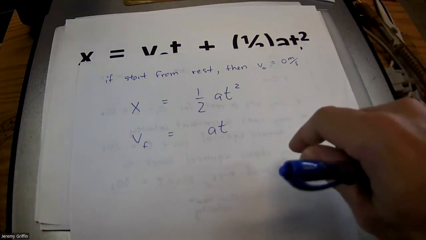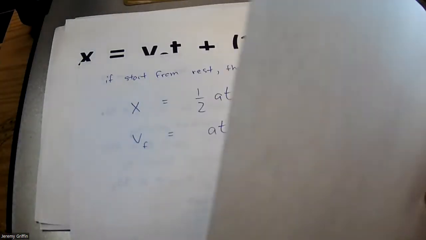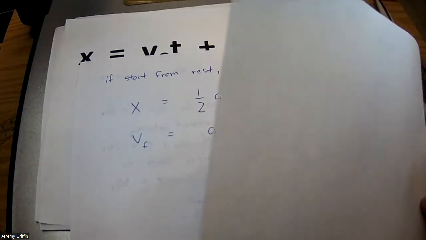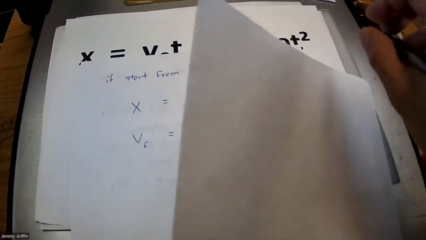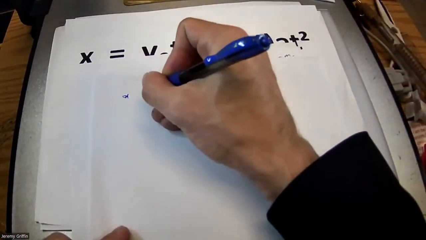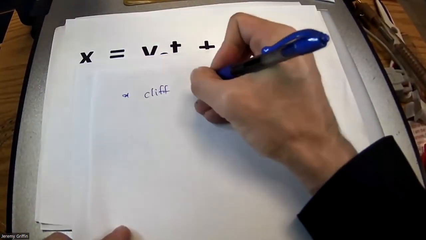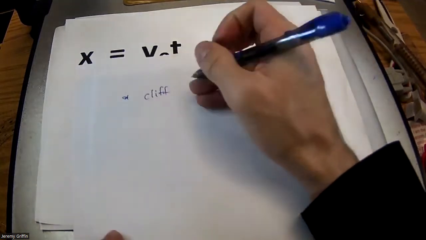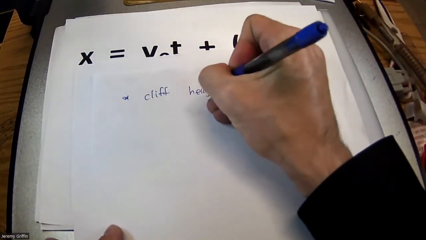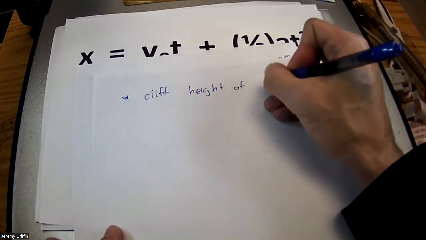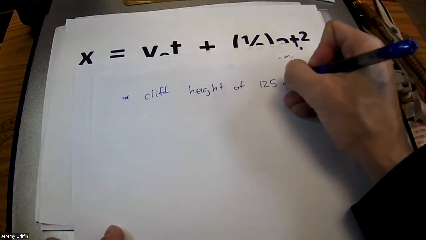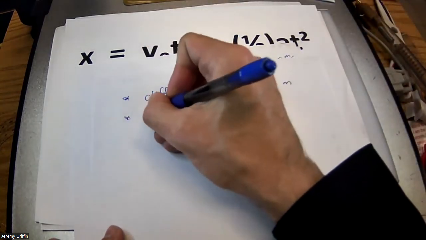So for example, what if I tell you that there's a cliff that has a height of 125 meters, and you drop a ball.